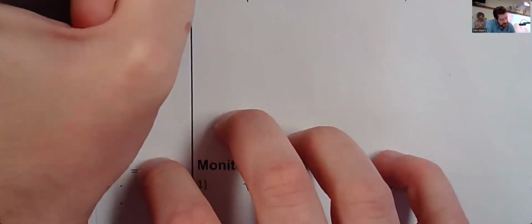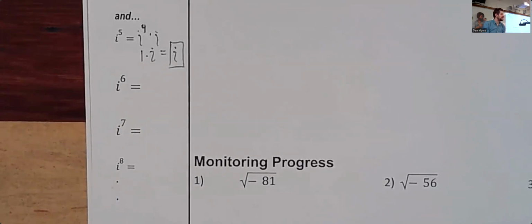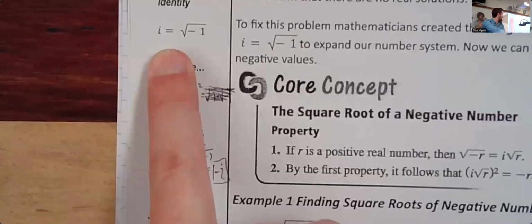So that means that i to the 5th power is just i. So this means we're back where we started, right? Let's go back here for a second. So this is basically i again.